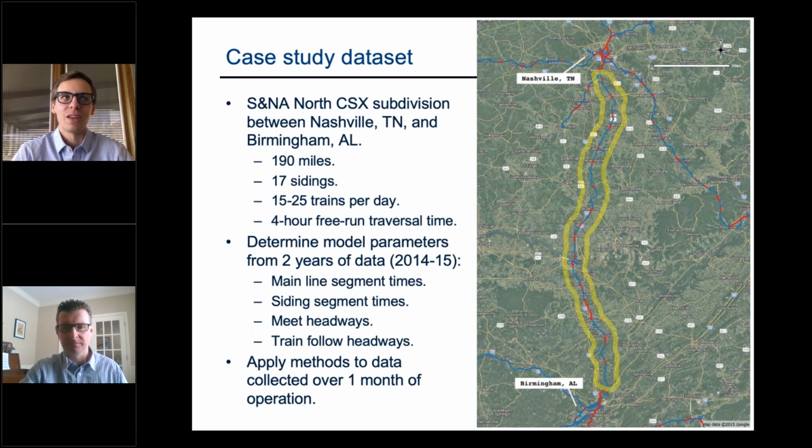The line I'm showing here, the Essendon North, relies on two other junction points, Nashville and Birmingham, both of which are large interchange points, both of which have a lot of additional traffic running through them. And it's absolutely true that there is activity happening in both those places that is impacting operations of trains out on the main line.